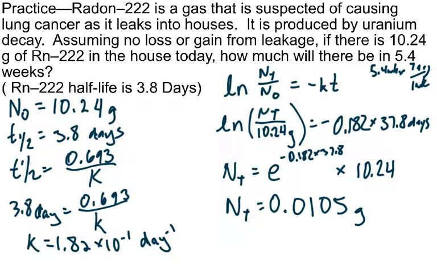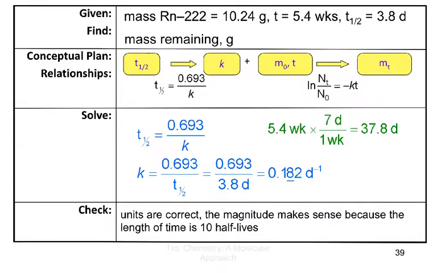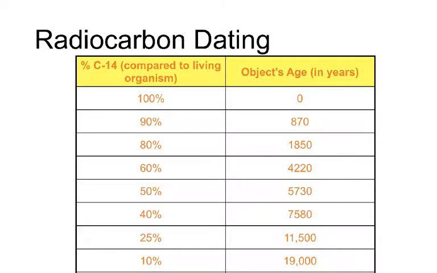That makes some sense because we've gone through basically 10 half-lives, so we don't have a lot left. And I erased the relevant part here, but that's the correct answer.